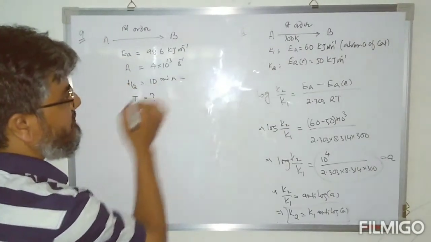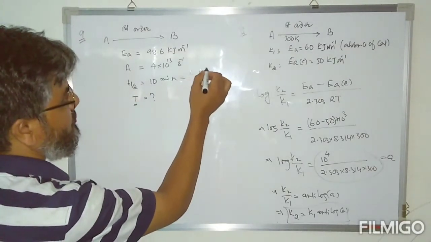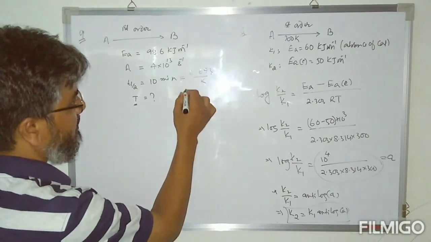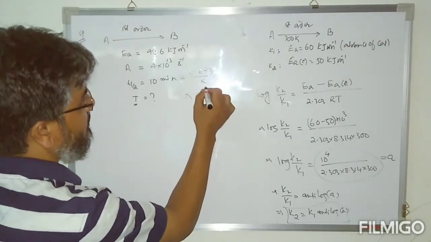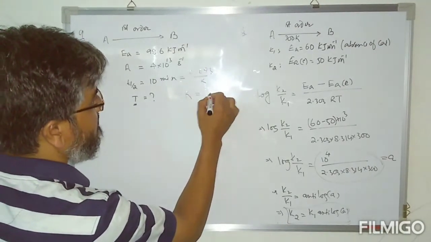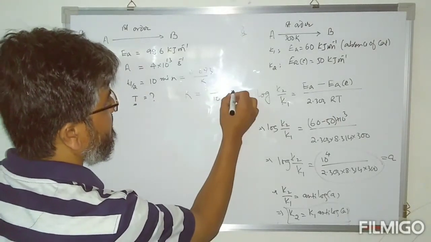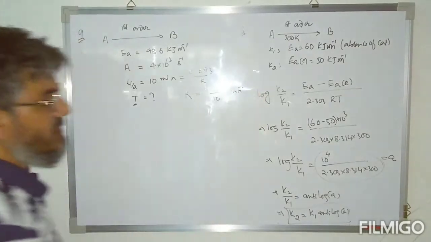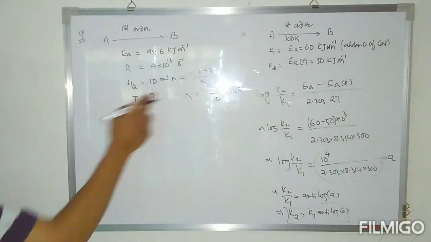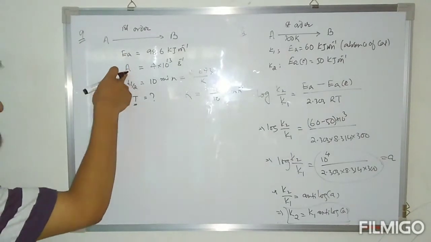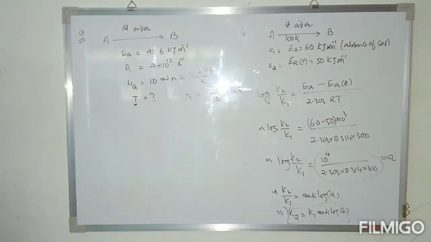So half-life of the first order reaction is equal to 0.693 by K. So therefore the rate constant K is equal to 0.693 divided by half-life. Half-life is 10, so this is 0.0693 minute inverse. So we have this rate constant K, activation energy and pre-exponential factor. We have to find the value of T.